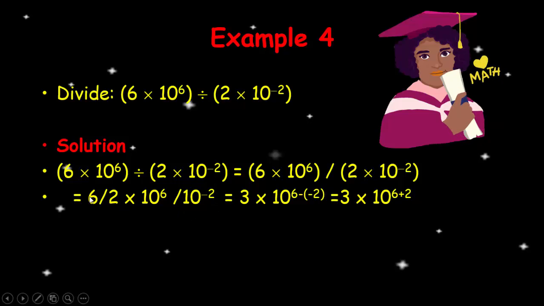Since 2 goes into 6 3 times, and then times 10 to the 6th, and because this is division, the exponent is 6 minus negative 2, which is 3 times 10 to the 6 plus 2, since a minus times a minus is a positive. And that means our final answer here is 3 times 10 to the 8th.